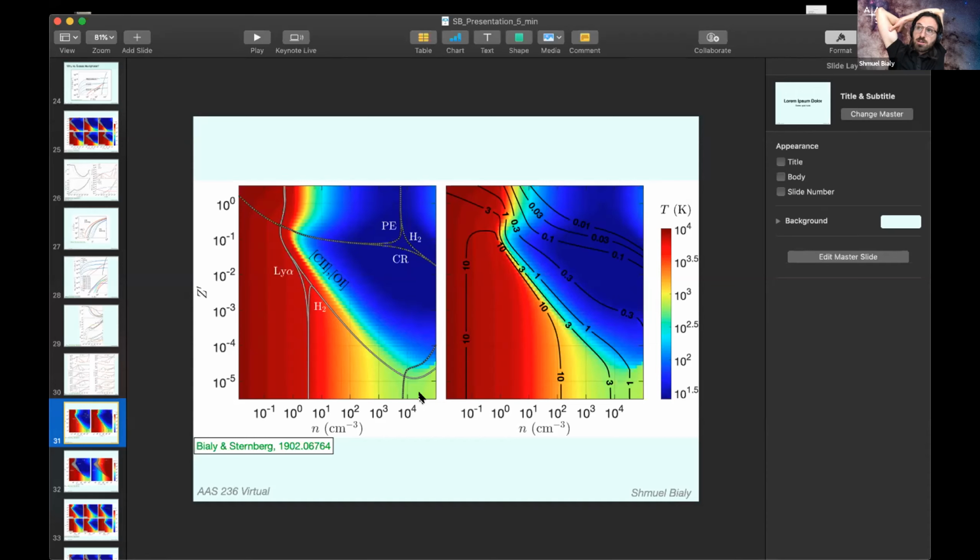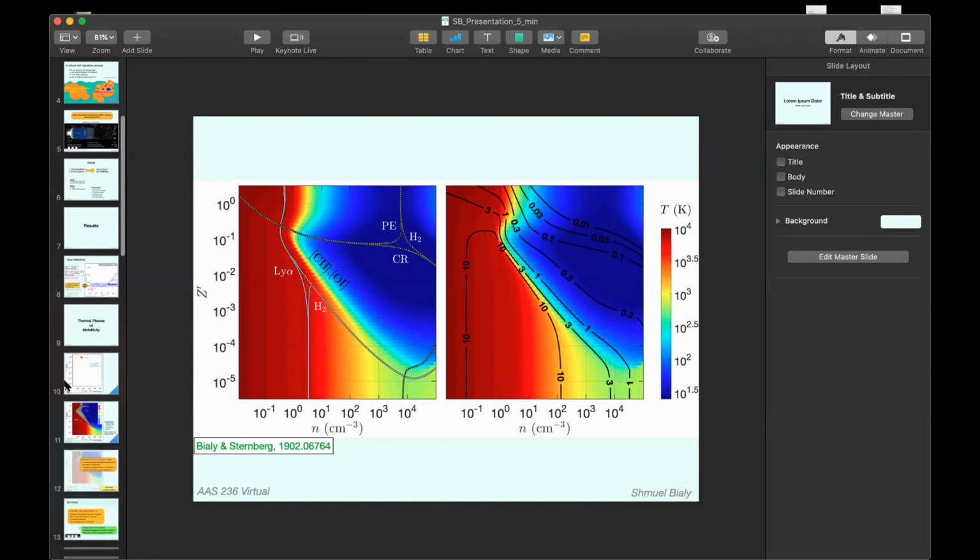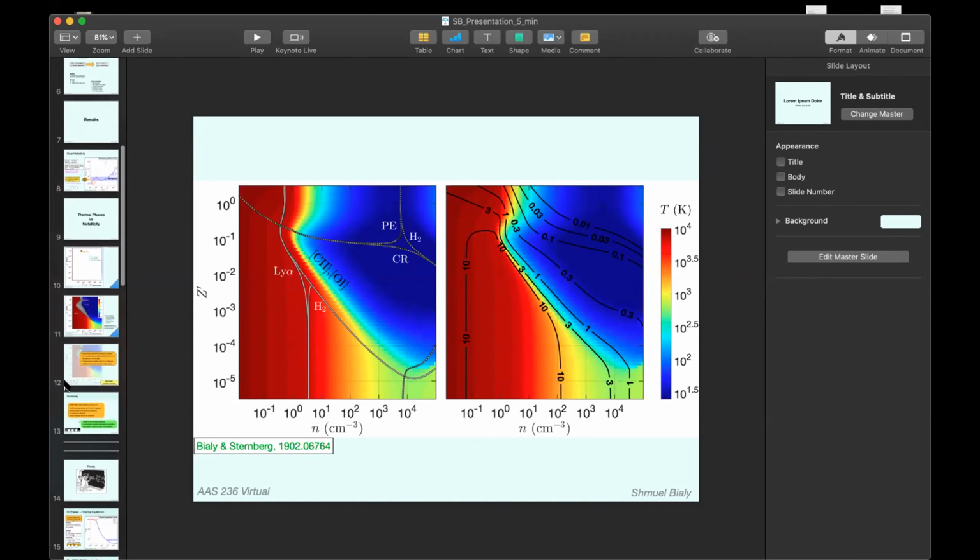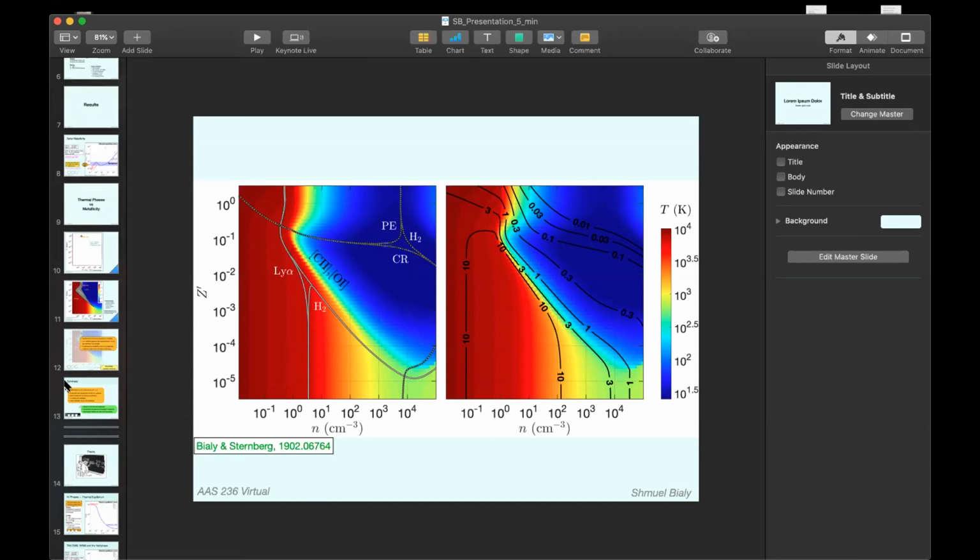So I think here we are very much biased. Okay, that makes sense. And I would just like to ask one more question. You are talking about two stable phases, like WNM and CNM.